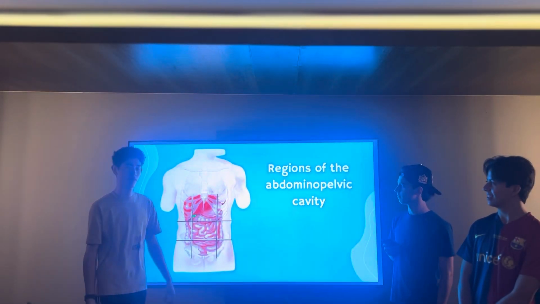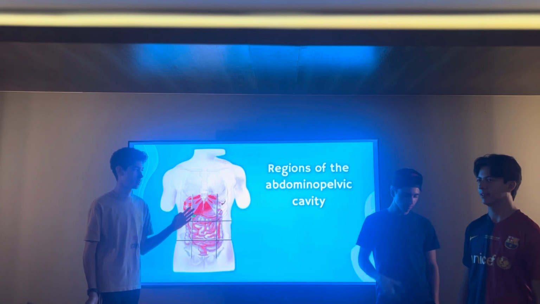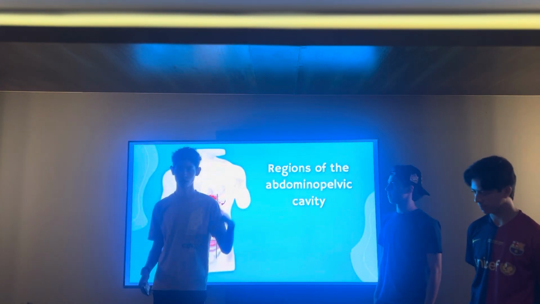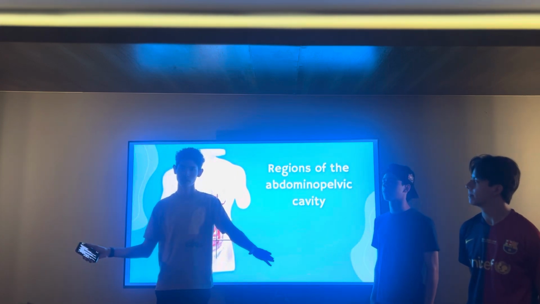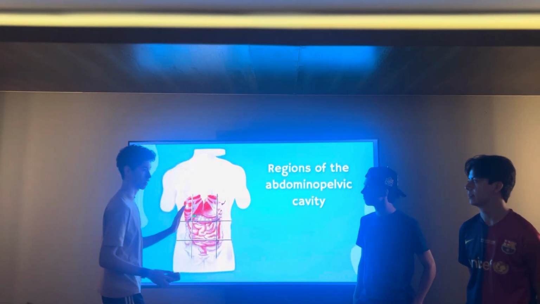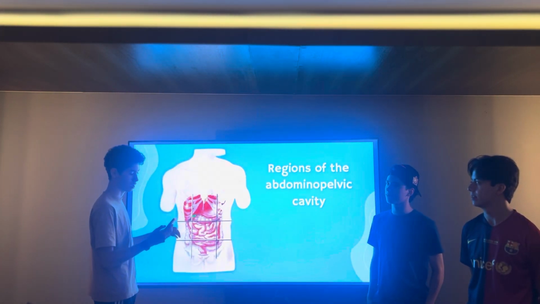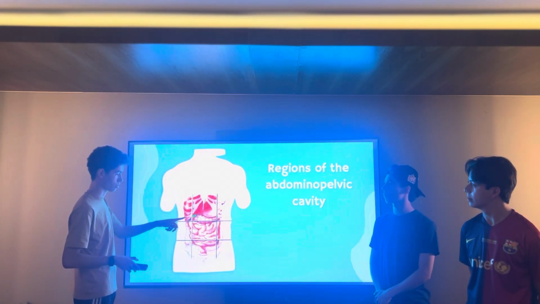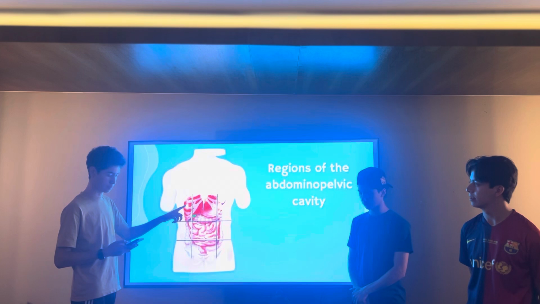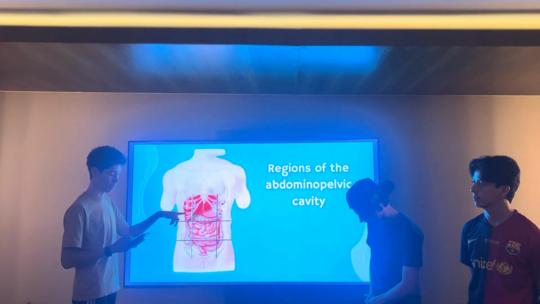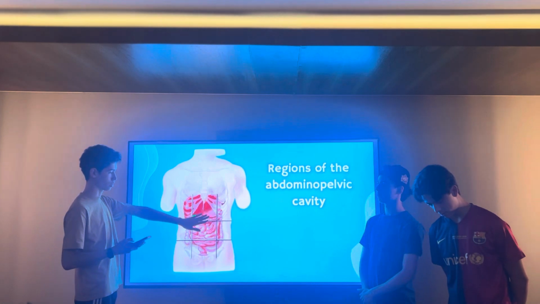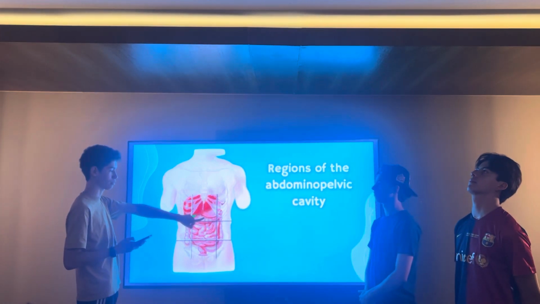Now I'm going to be talking about the regions of the abdominopelvic cavity. We can see the body like in front of us, so this would be the left side and this would be the right side. First, we have the right hypochondriac region, which is located near the lower right part of the ribs, and it contains part of the gallbladder, the liver, and portions of the right kidney. Then we move to the center part of it, which is the epigastric region.